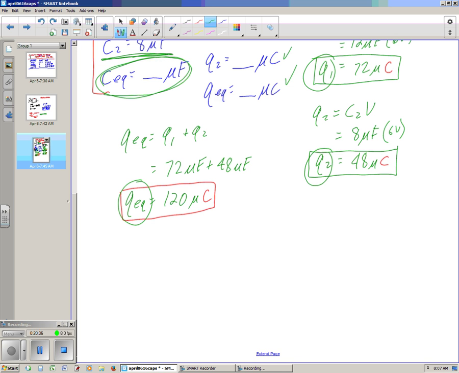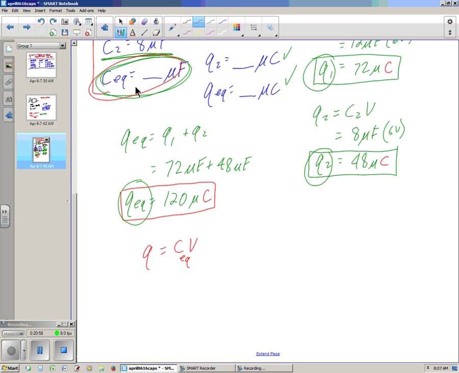How would you go about finding that? Well, we have an equation that says Q equals CV, and we're looking for the capacity of the equivalent capacitor. So that would be this thing up here. So we're going to label this C equivalent.